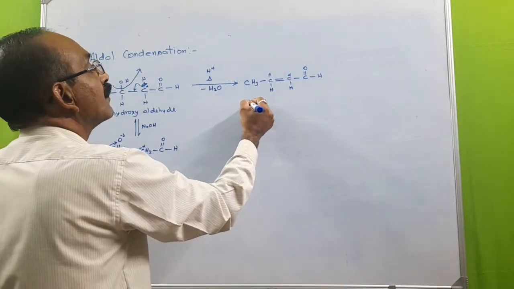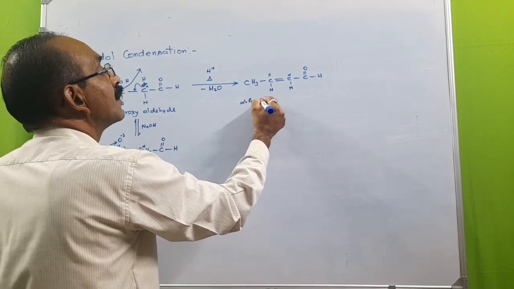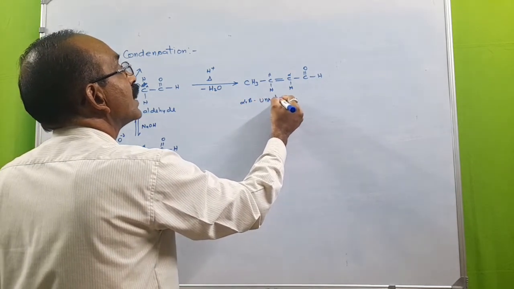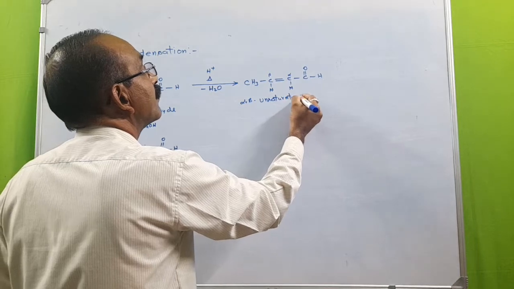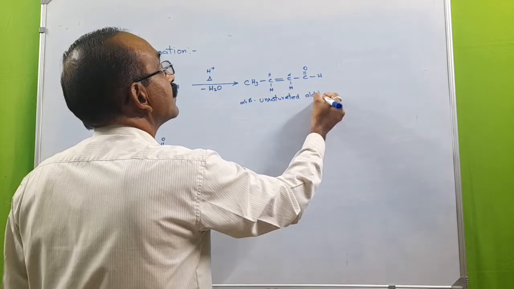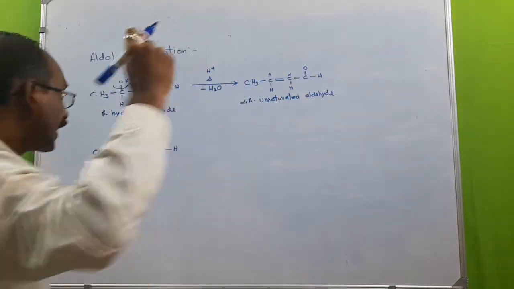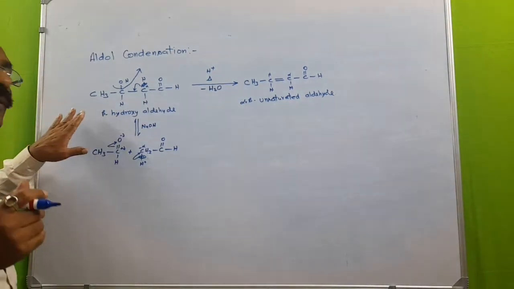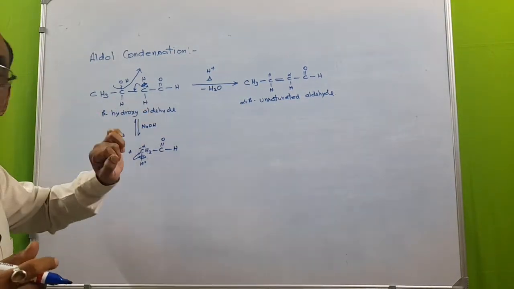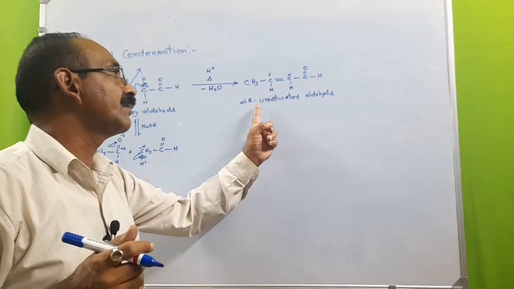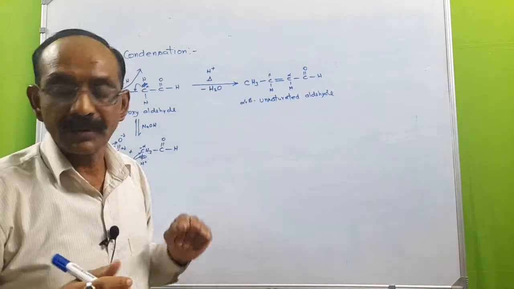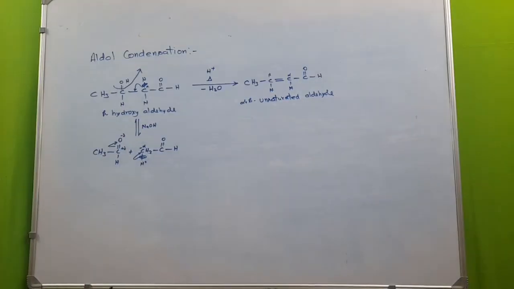So we will get the alpha beta unsaturated aldehyde. If after condensation our product is a beta hydroxy ketone, we will get the alpha beta unsaturated ketone as the end product.